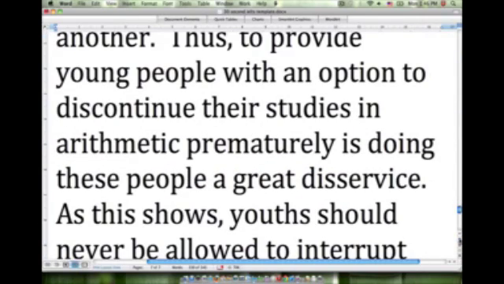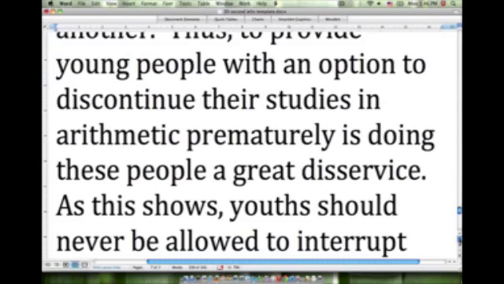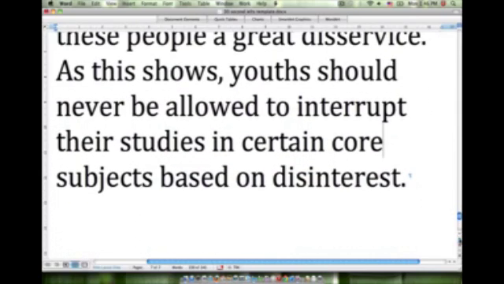Thus, to provide young people with an option to discontinue their studies in arithmetic prematurely is doing these people a great disservice. So we're saying if you allow somebody to decide to stop their studies in mathematics, you are actually allowing them to hurt themselves. As this shows, youths should never be allowed to interrupt their studies in certain core subjects based on disinterest.